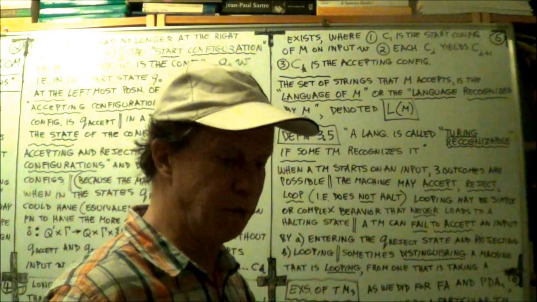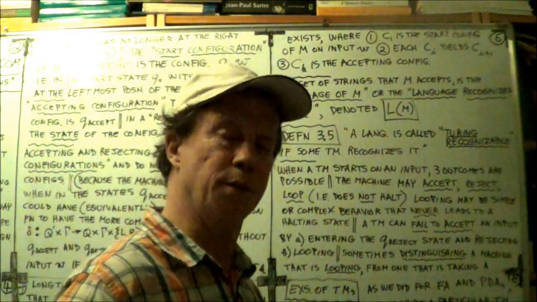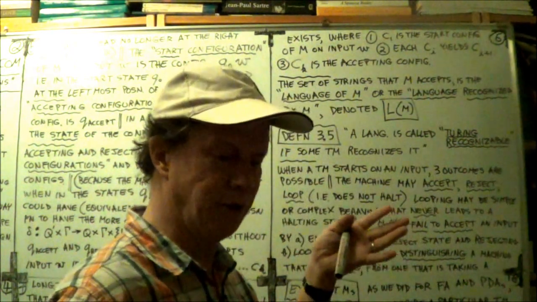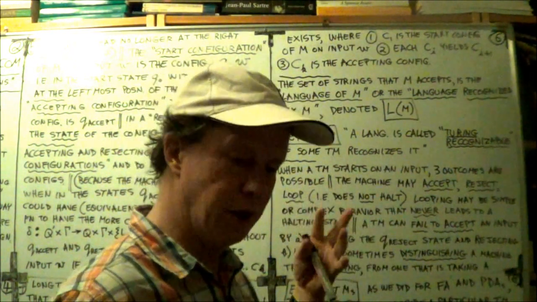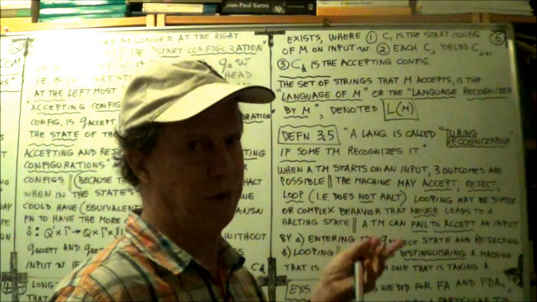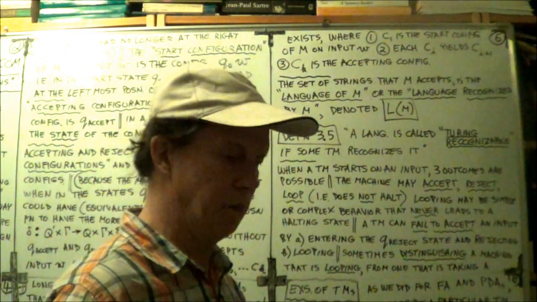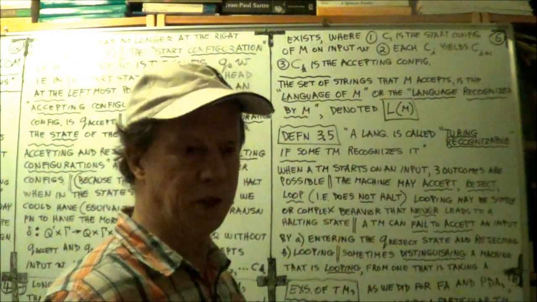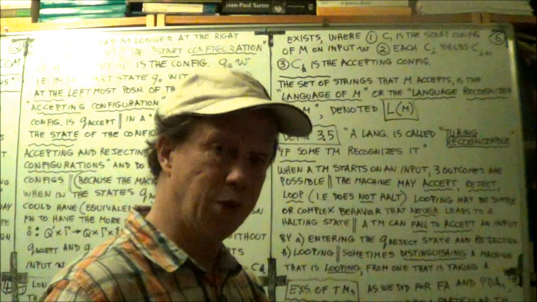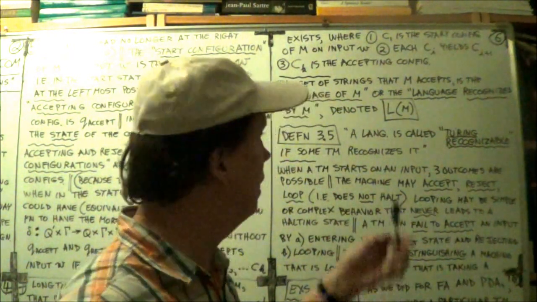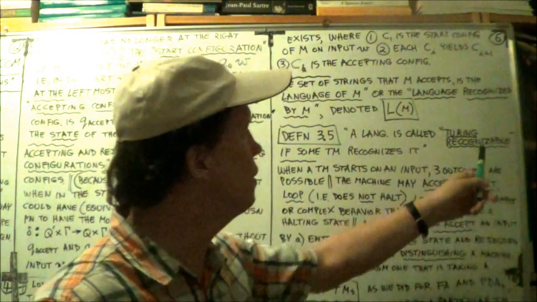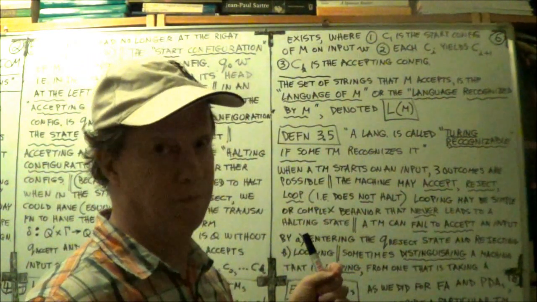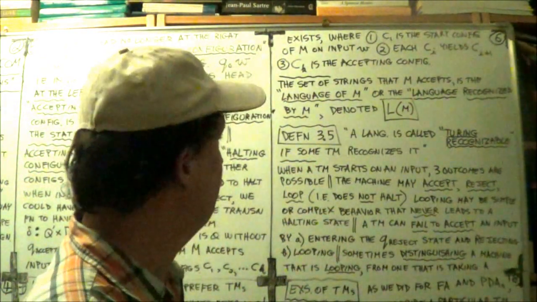You could say FA recognizable, or finite automaton recognizable, in other words, a language that a finite automaton can recognize. Or you could say PDA recognizable, that would mean a language that a PDA could recognize. Well, here we're talking Turing recognizable. That's a kind of language that a Turing machine can recognize. So a language is said to be Turing recognizable if some Turing machine recognizes it. Okay. Right.